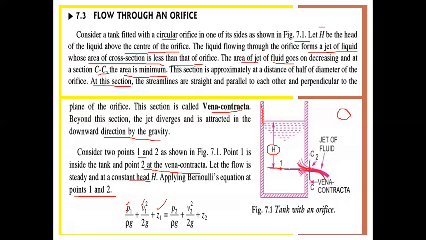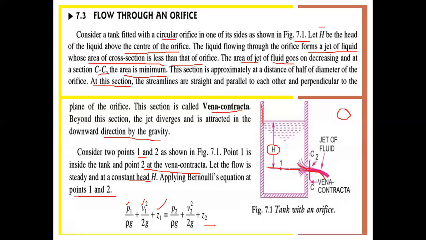So that is P1 by rho g plus V1 square by 2g plus Z1 is equal to P2 by rho g plus V2 square by 2g plus Z2.